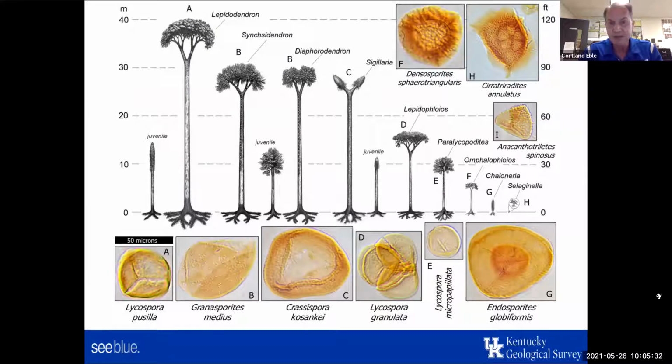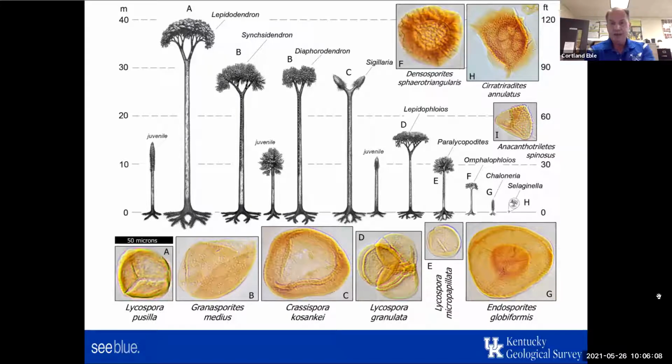Sigillaria, Crassospora kosankei. Lepidophloios produced two spores in the Des Moines in the late middle Pennsylvanian, Lycospora granulata shown there. That is the dominant form in older strata, especially early and early middle Pennsylvanian. Another type of spore, like Cappasporites, is usually the dominant form. Paralycopodites produced Lycospora micropapillata, and one that I'm not showing here, Lycospora orbicula spores.